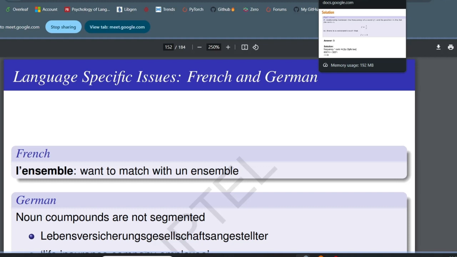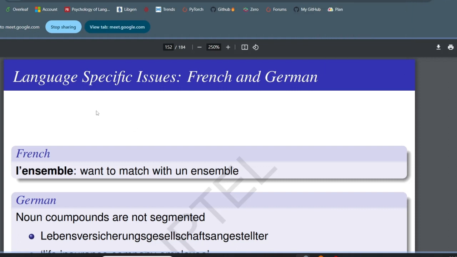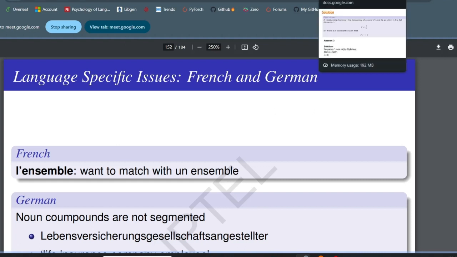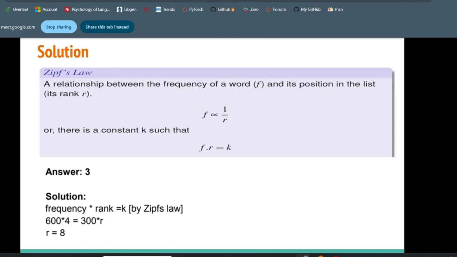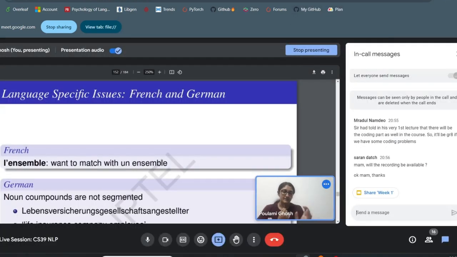Each language has its own characteristics and properties, and it's very important to be clear with the foundations. So please go through all these lectures and slides, and try practicing problems. If you have any more doubts, we can discuss now, or next Saturday we would again be having a session and can take it up there.